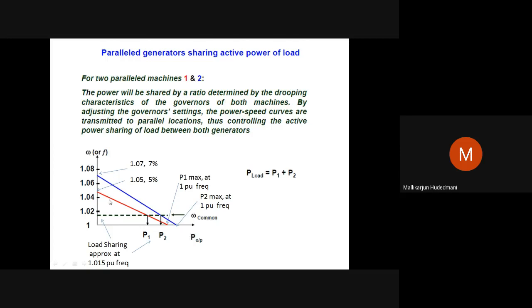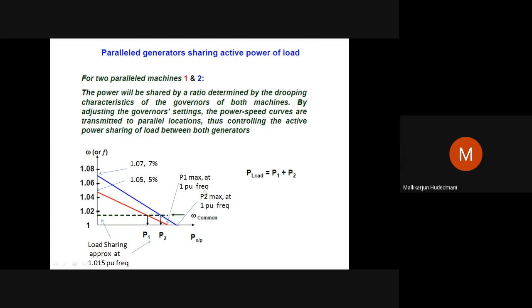If you observe, the red one is almost interacting with a zero output here, where its speed regulation or unit speed frequency is 1.05, nothing but 5% droop. So 5% refers to 1.05 touch of line, and its capacity is something touching here. The red line touches the x-axis somewhere at this point, which is called P1 max at 1 pu frequency.